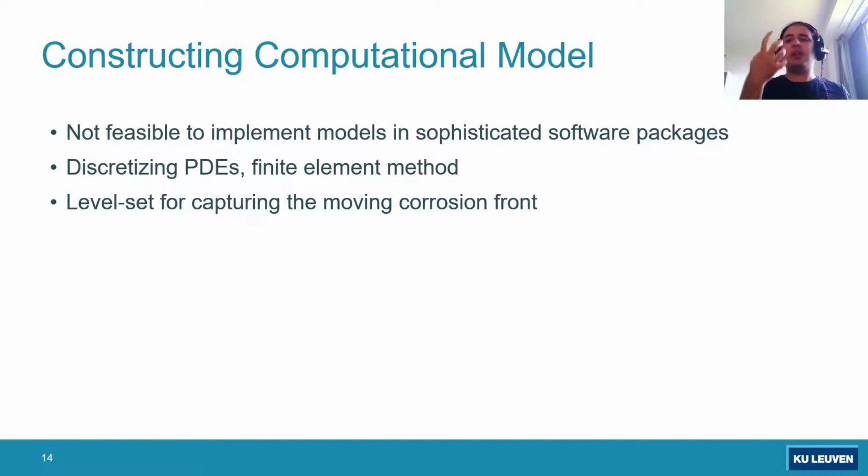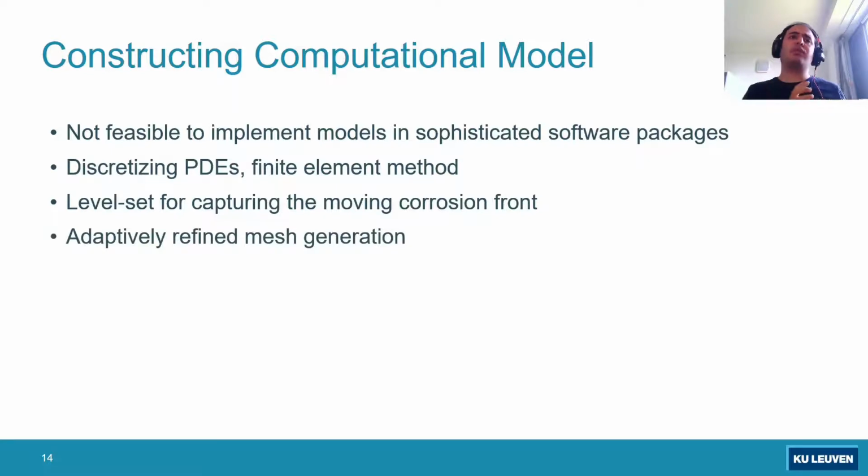Actually, biodegradation is a sort of corrosion, and when something degrades, the interface moves. We use level set formulation for capturing this. And this is why we need to refine the mesh on the moving interface, to increase the accuracy of these numerical schemes.